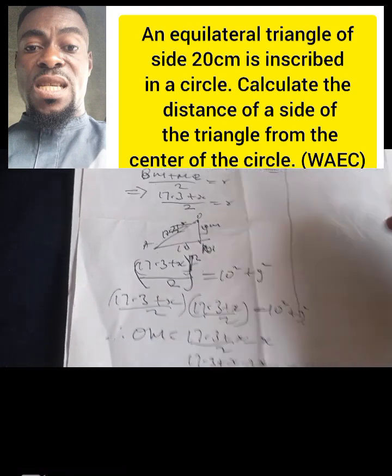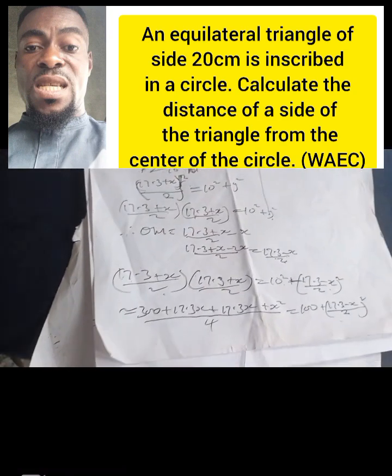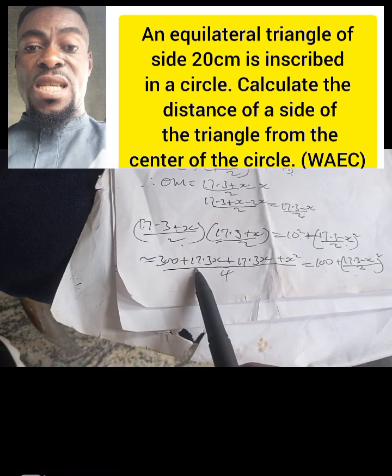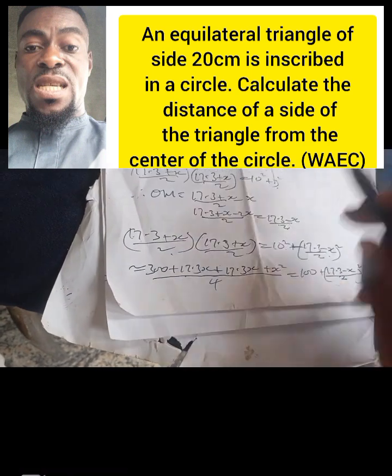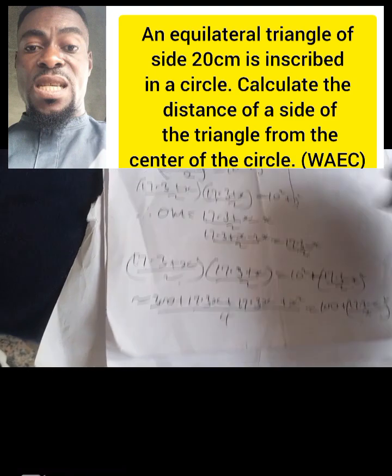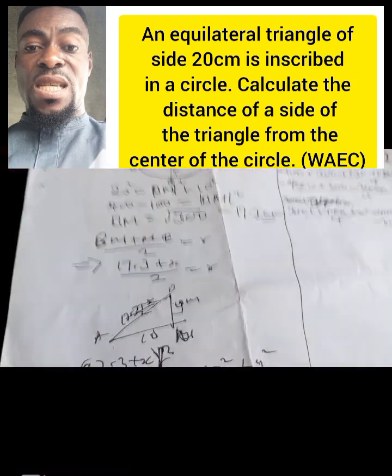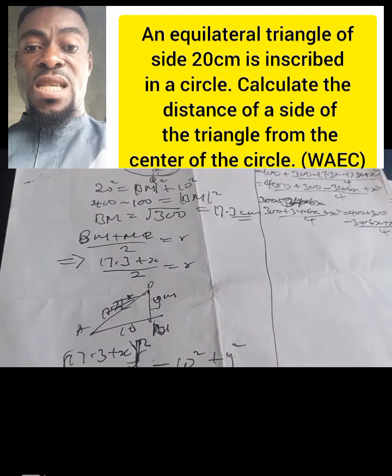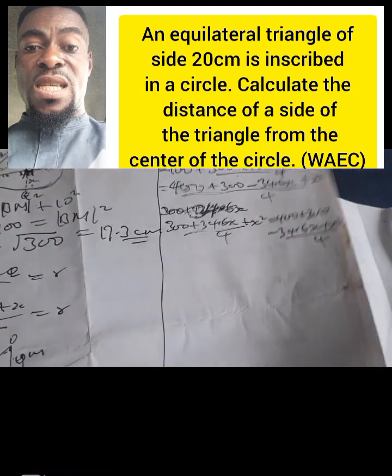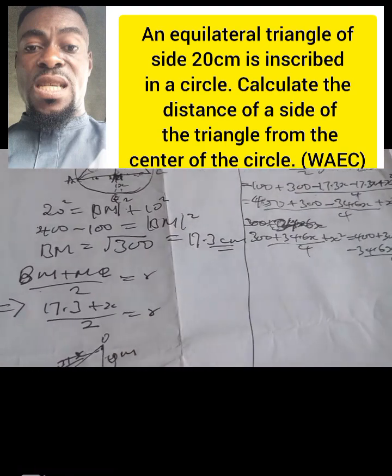Everything here will now be over 4. Now equating the left hand side and the right hand side, this is what we truly have.